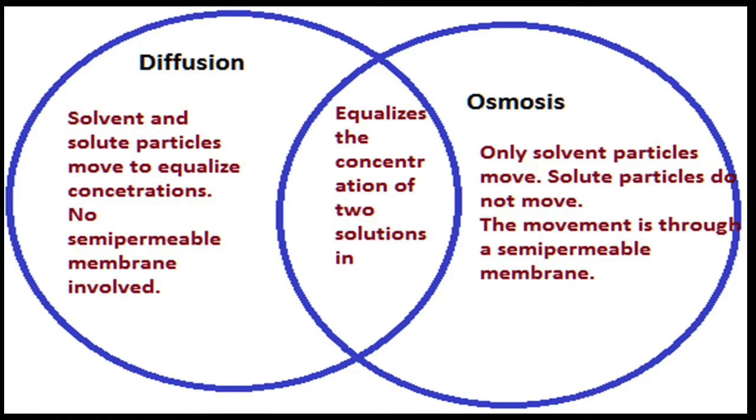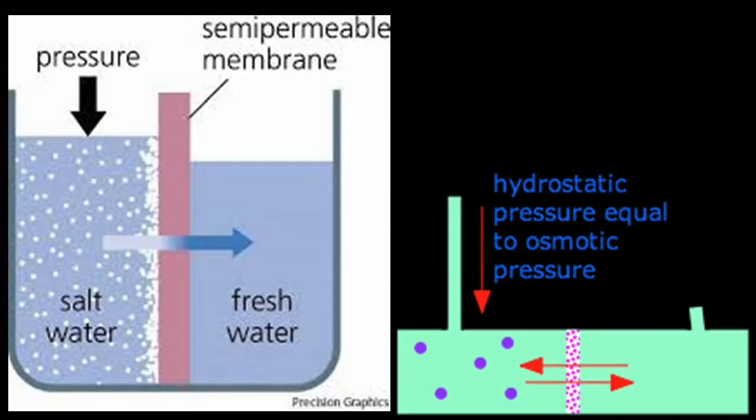Here is diffusion and osmosis. And how do they compare? Well, each equalizes the concentration of two solutions. So that's where it's connected for diffusion and osmosis. Here's a great shot of the colligative property osmosis.